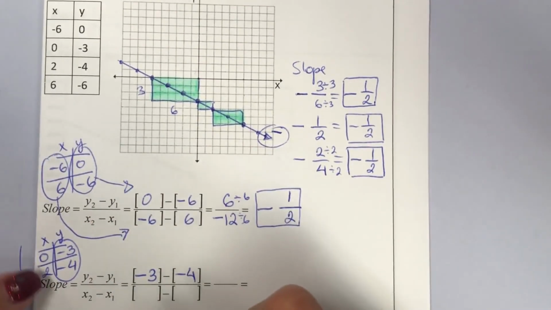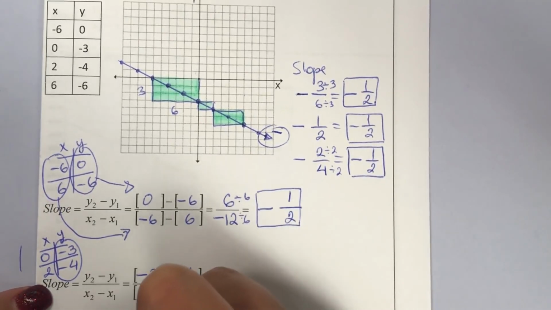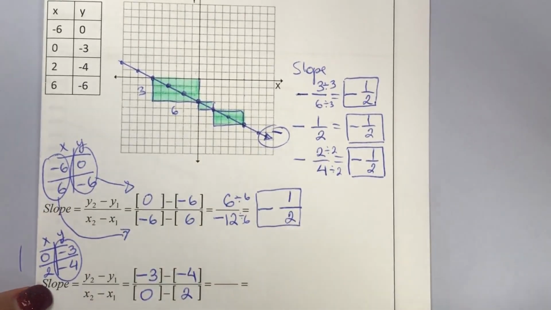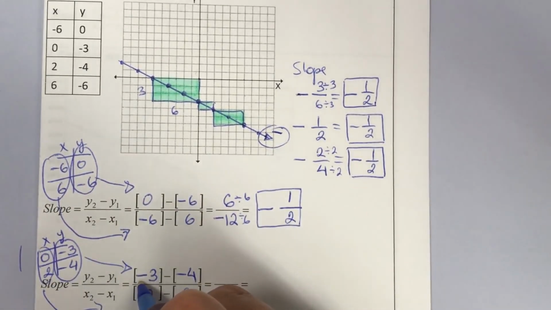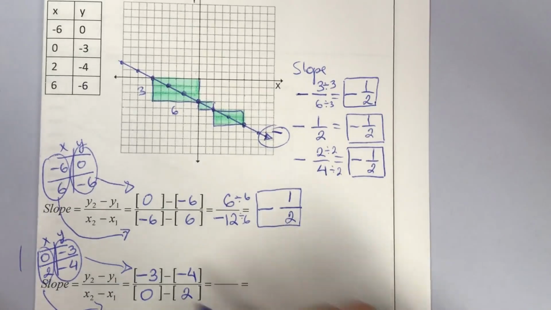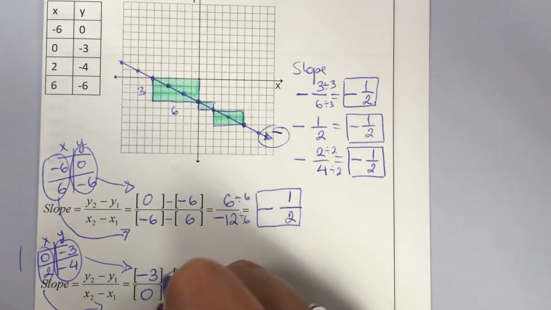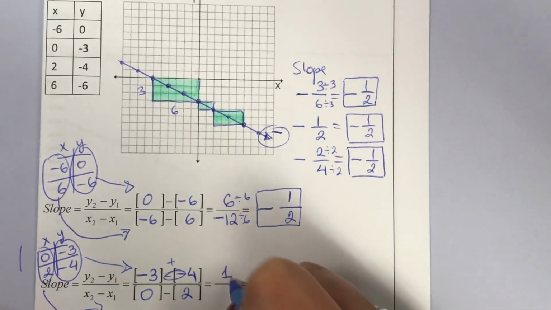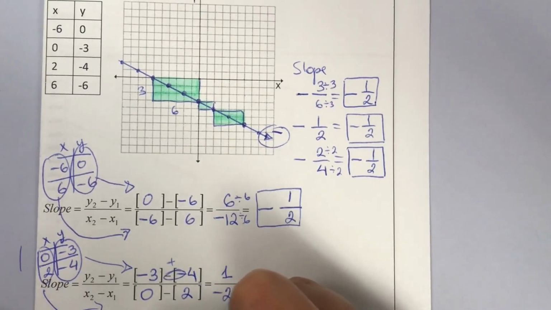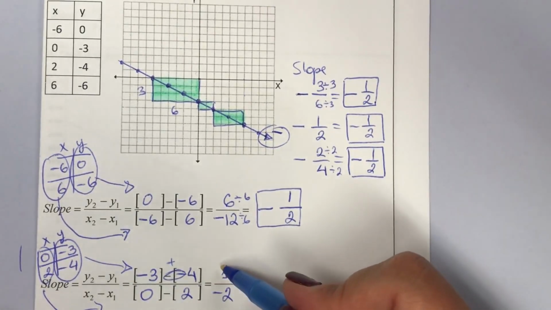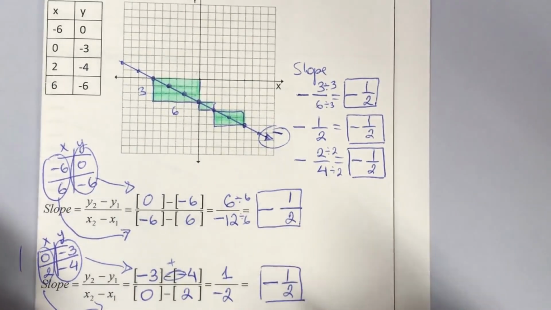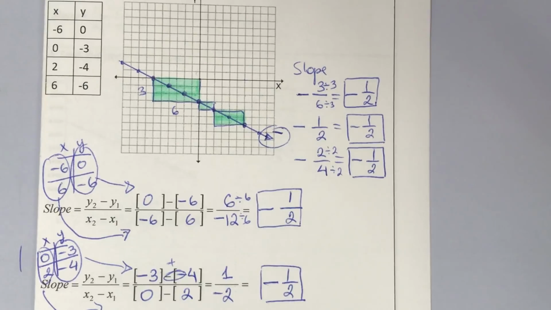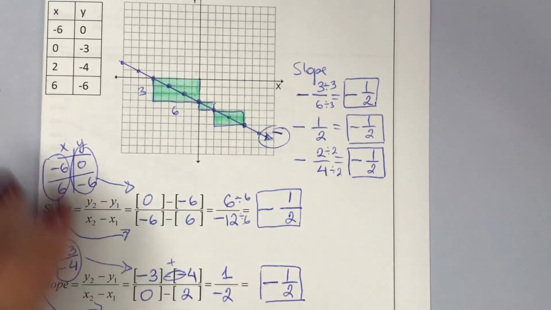In the same order, on the denominator, 0 and subtract 2. -3 minus -4, that would be -3 plus 4, which is 1. 0 minus 2 is -2. When we simplify, positive divided by negative is negative, so it's negative direction of the line of the steepness 1/2, vertical over horizontal.